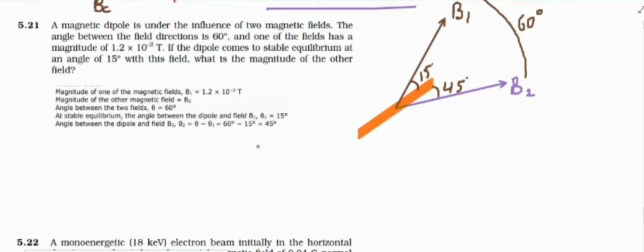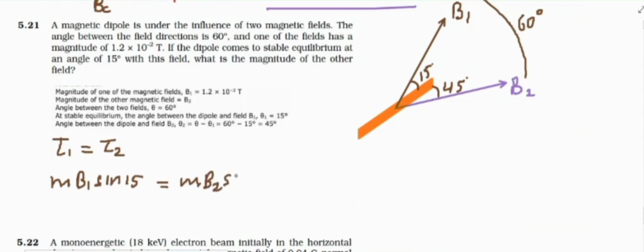Now, under what condition is the needle at equilibrium? We have to think both the external fields will apply torque on the magnetic needle. Needle is at equilibrium when torque applied by the first magnetic field is equal to the torque applied by the second magnetic field. That is, tau 1 is equal to tau 2. That is equal to m B1 sine theta 1. Sine theta 1 is 15. Is equal to m B2 sine 45.